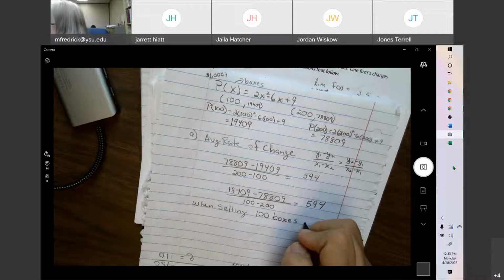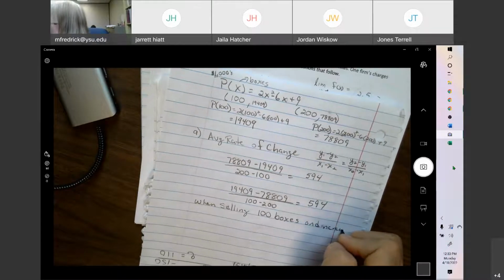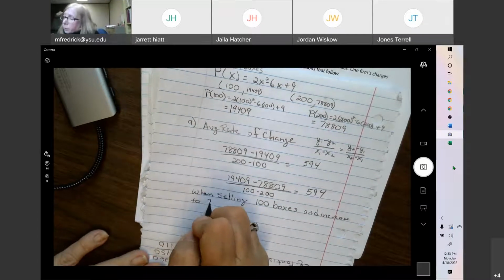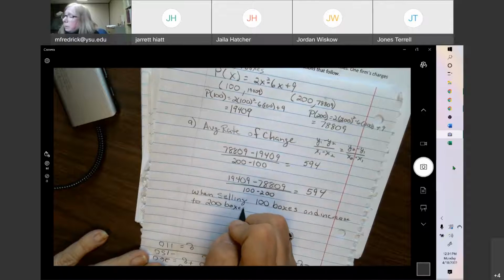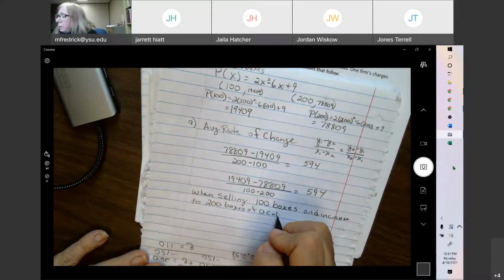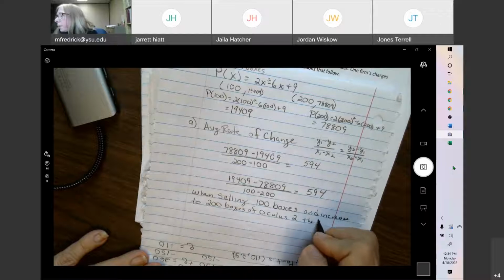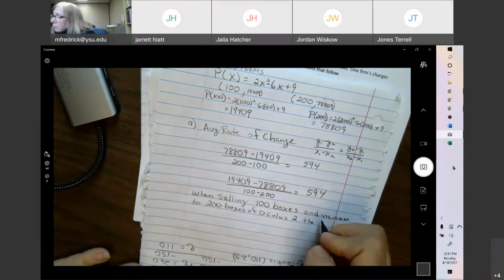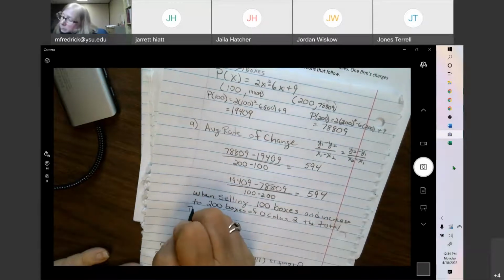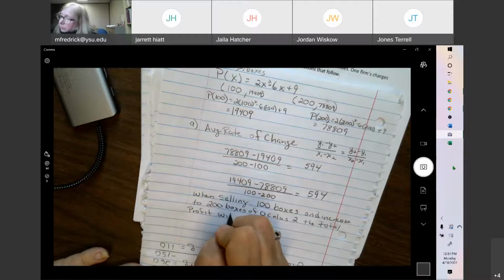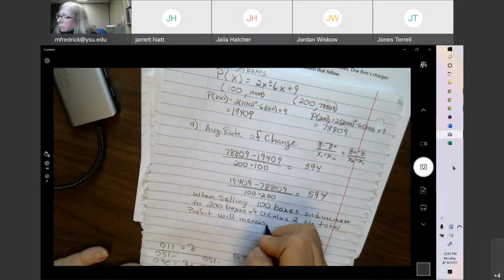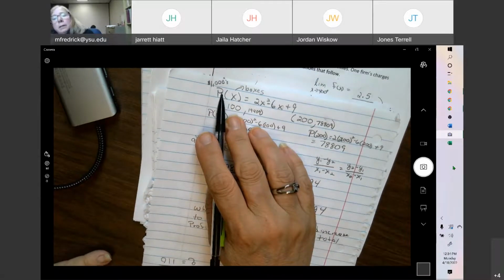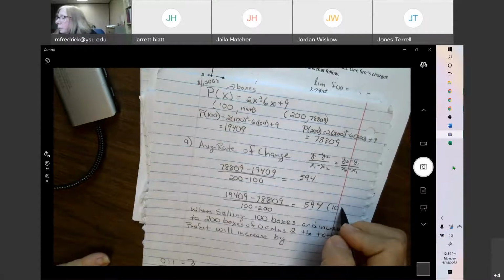When selling 100 boxes and increasing to 200 boxes, the total profit will increase by, now profit was in thousands, so we'd multiply this by 1,000.